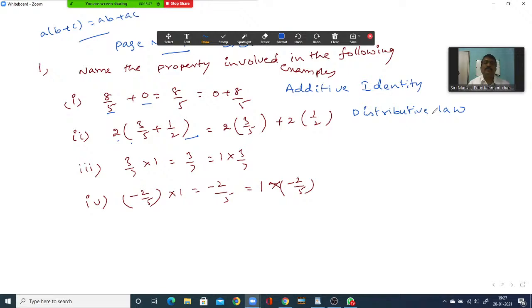The property is distributive law. 3 by 7 into 1: this is multiplicative identity, because any number multiplied by 1 gives the same number. 1 is the multiplicative identity element.